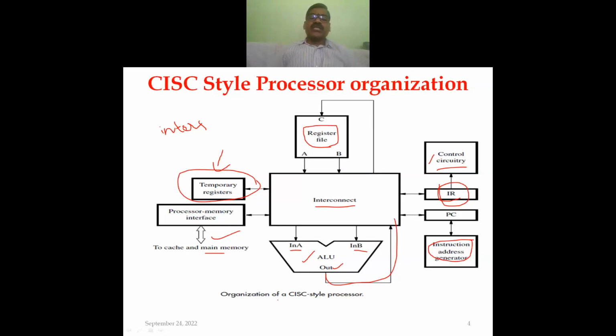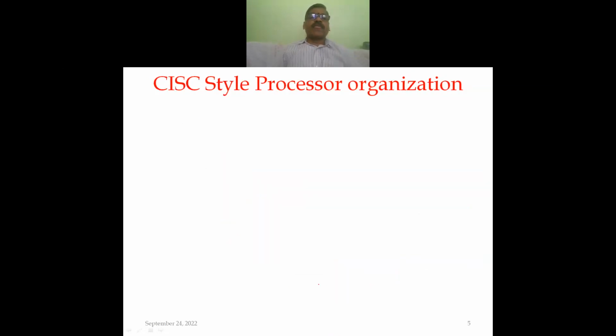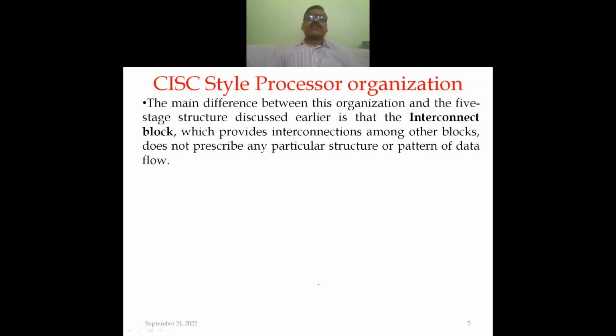The important point here is how the interconnect component is implemented in CISC style processors. The main difference between this organization and the 5-stage organization we discussed for RISC style processors is the interconnect block.